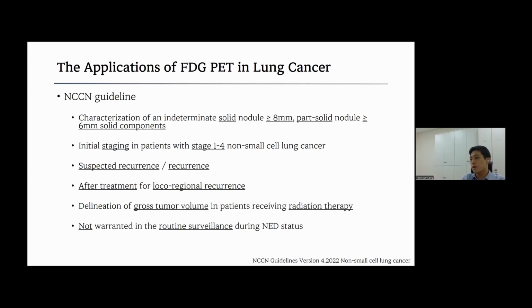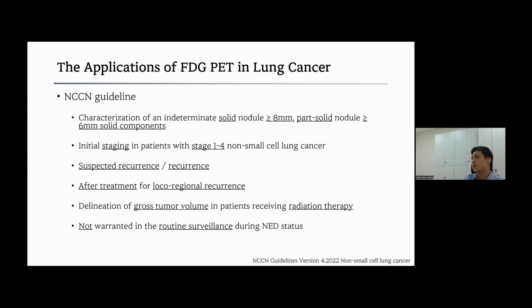FDG-PET-CT is now broadly used in diverse clinical contexts of lung cancer. The NCCN guidelines provide somewhat conservative recommendations regarding clinical use of FDG-PET in lung cancer. We can strongly recommend FDG-PET-CT in several indications as follows.